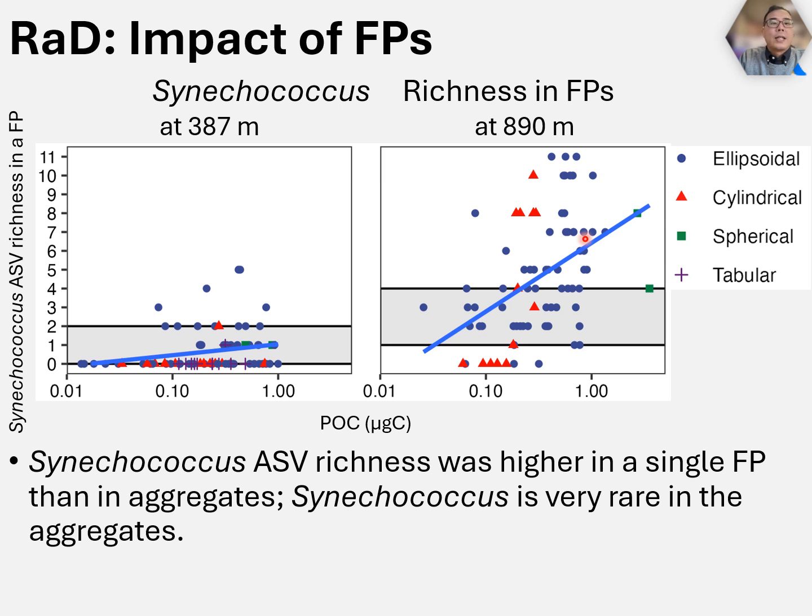Also, the richness at 400 meter depth was lower than at 900 meter depth. These indicate that Synechococcus is concentrated into fecal pellets in the bathypelagic layer. On the other hand, in the sinking particles except fecal pellets, Synechococcus was very rare.